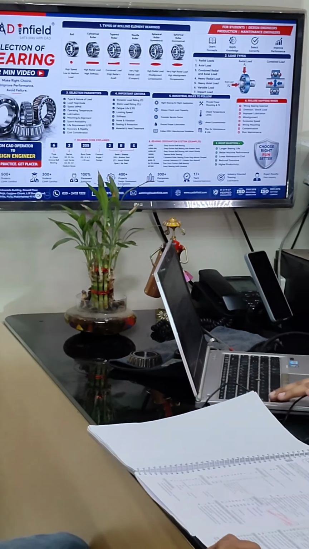If it is 6/8, it is a deep groove ball bearing. I have updated you, so you can see this. 6/2 is deep groove. If it is 6/3, deep groove ball bearing with a metal shield. 30 stands for taper roller bearing. So there is a nomenclature based on that: the first alphabet, the second alphabet, and then the bearing code, which is very important.